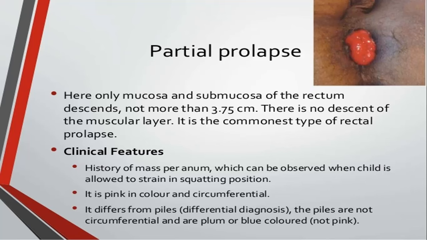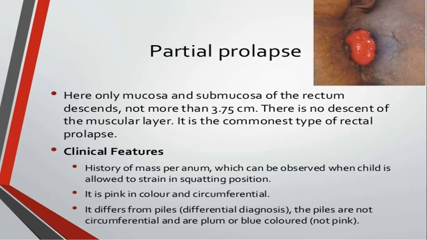You just see its size. It is not more than 4 centimeter, around 3.8 to 4 centimeter, like two finger breadth. There is no descent of the muscular layer, and it is the commonest type of rectal prolapse. So you will confirm by yourself it's a partial prolapse, and it doesn't lead to the muscular layer coming out from the anal verge.